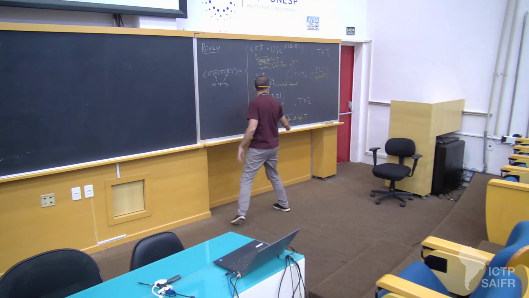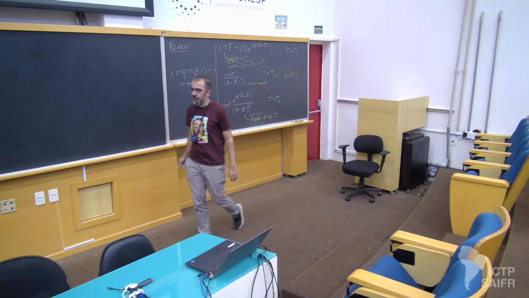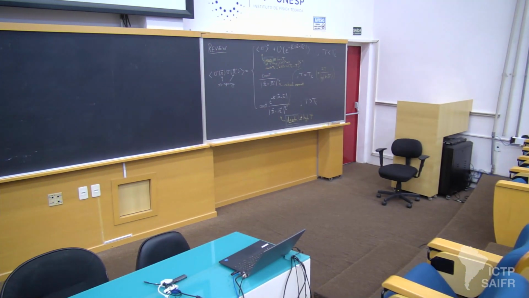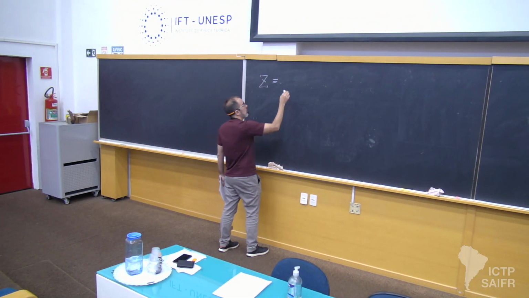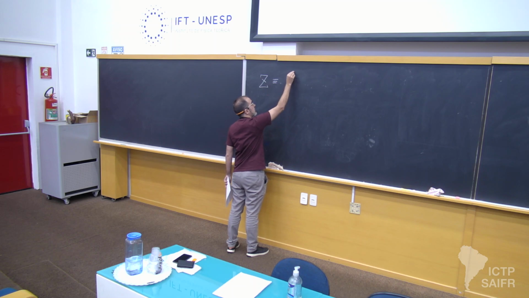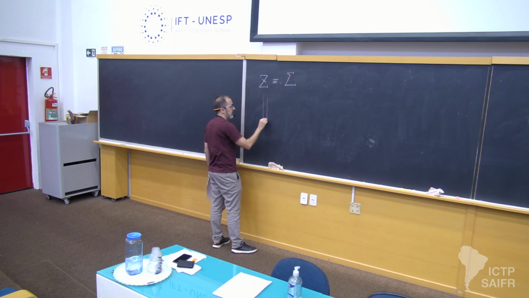So let's recap a few things. We have to review a few things before starting the paper itself. So the object that we are going to study is the two-dimensional Ising model, which has a very simple definition, where you have a lattice, a two-dimensional lattice.